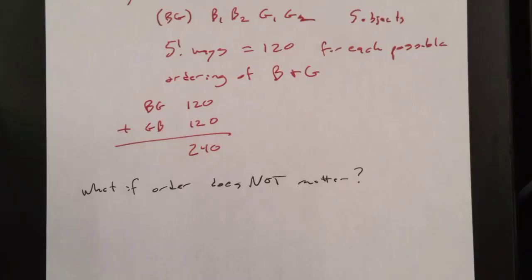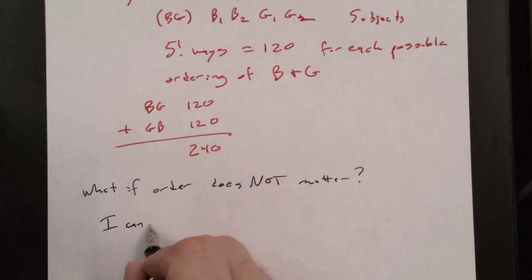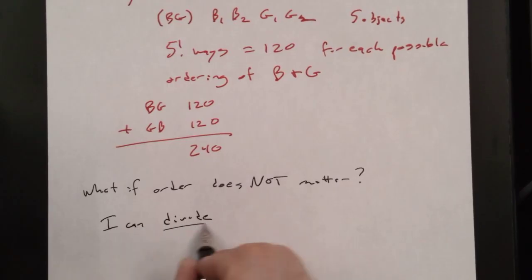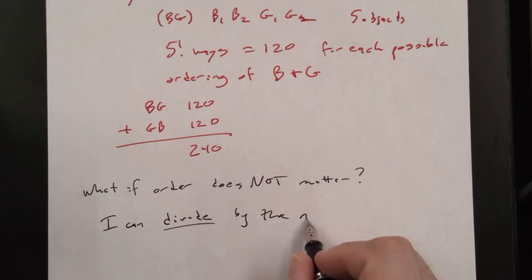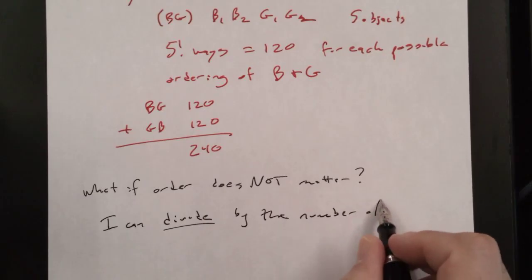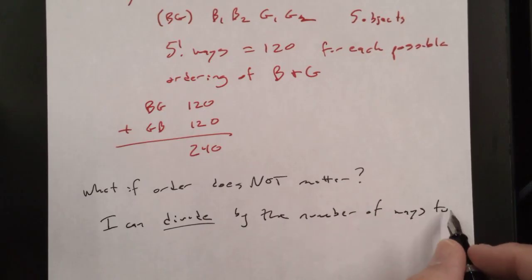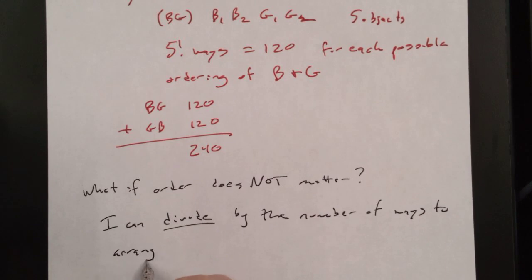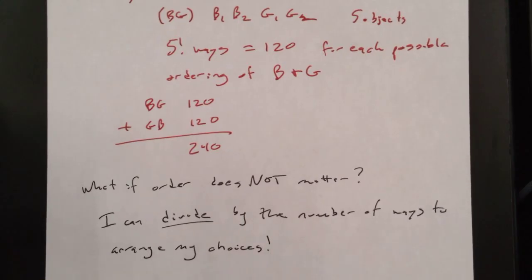So, I'm going to divide again. That means my number should get smaller. My number should get smaller.